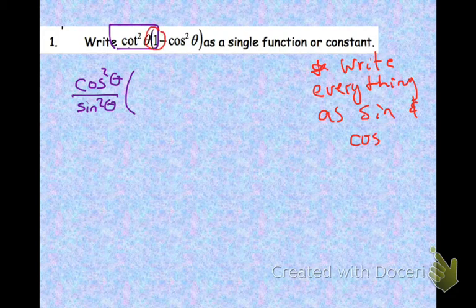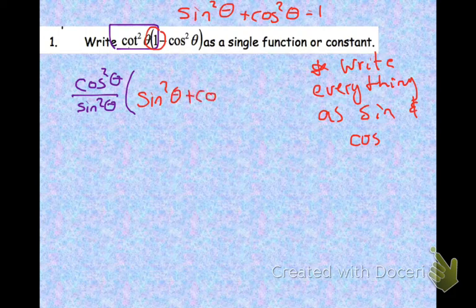We know that 1 is sine squared theta plus cosine squared theta, because that equals 1. So this is going to be sine squared theta plus cos squared theta. And the last piece is just minus cos squared theta.